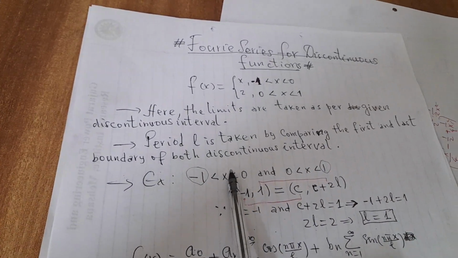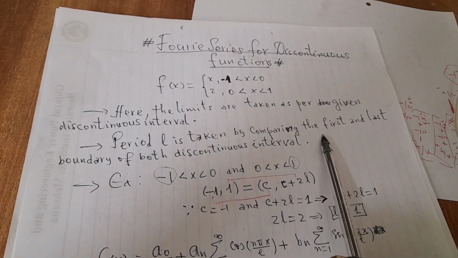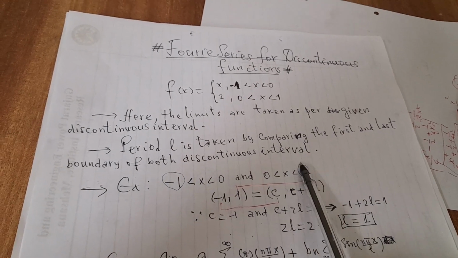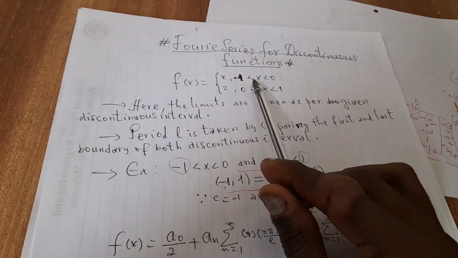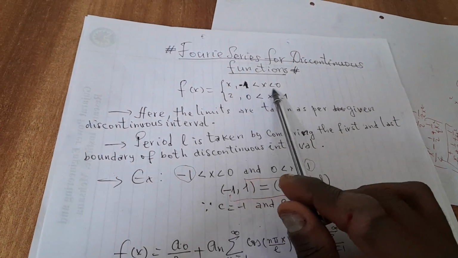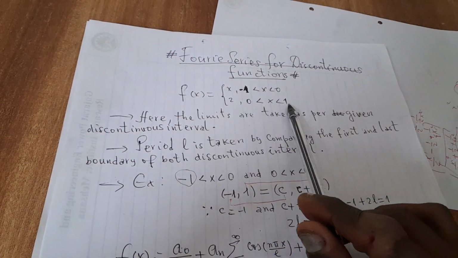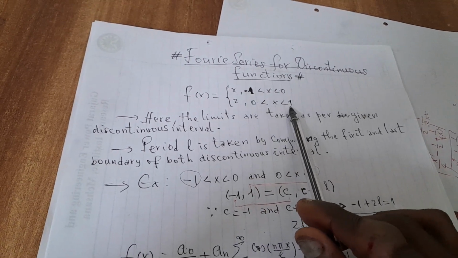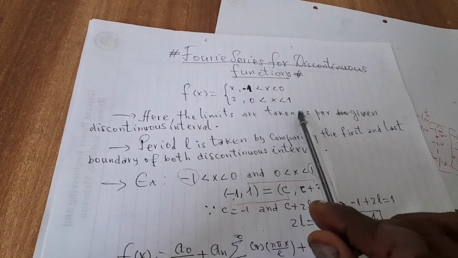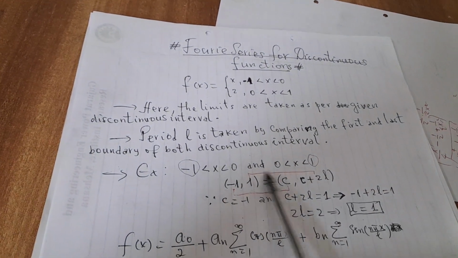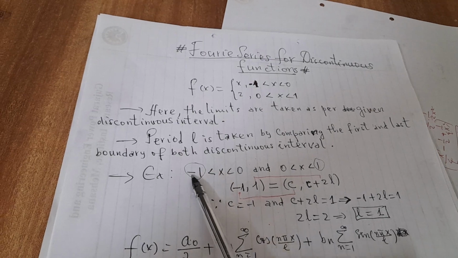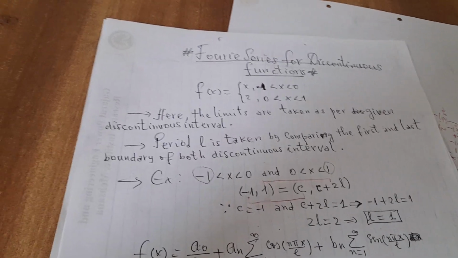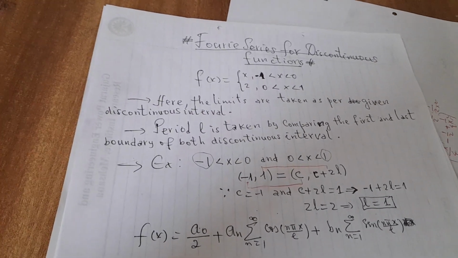The period L is taken by comparing the first and the last boundary of the discontinuous intervals. It means that suppose here we have the limit from -1 to 0, and here it is 0 to 1. We take the whole limit: the first boundary and the last boundary. We compare these for the Dirichlet conditions for all limits in this case.